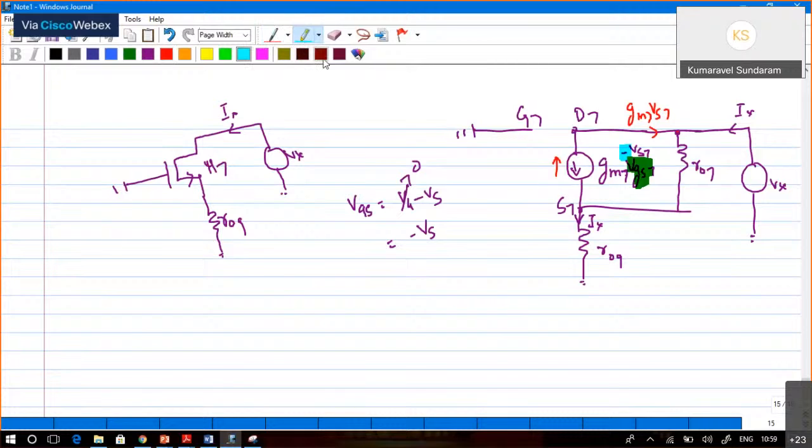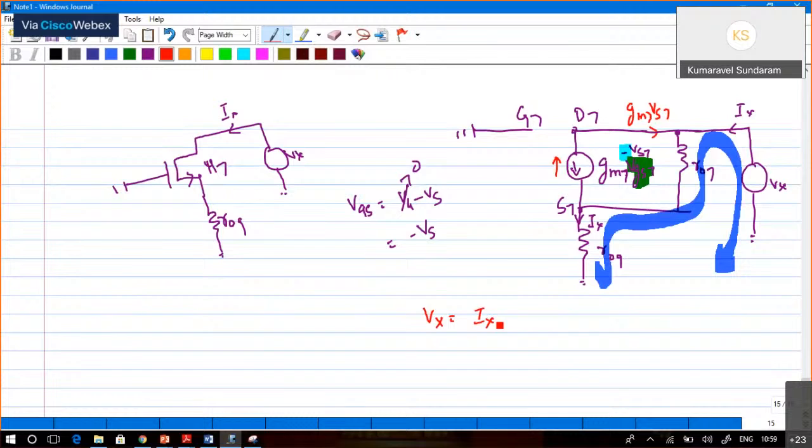So applying KVL along this path, we can write Vx is equal to (Ix plus GM7 VS7) times R07 plus Ix into R09, right?